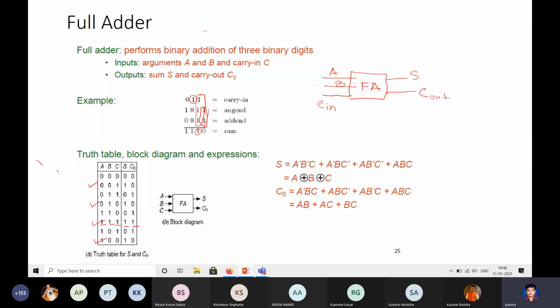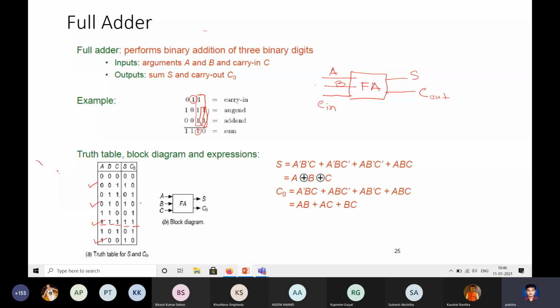If you do that, S would be A bar, B bar, C, and the next, sorry, this is A bar, B, C bar. Okay, so this is the logic.